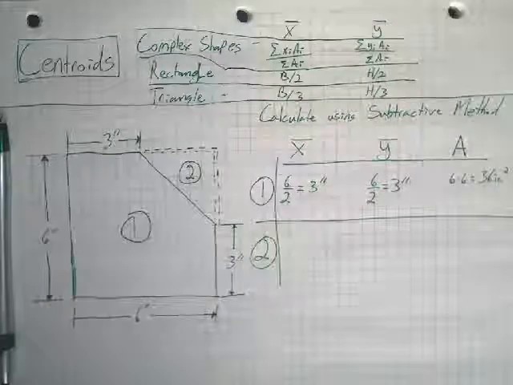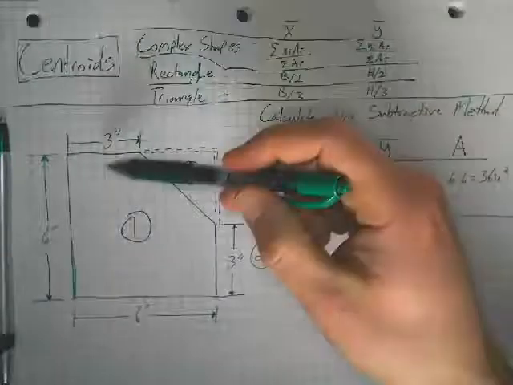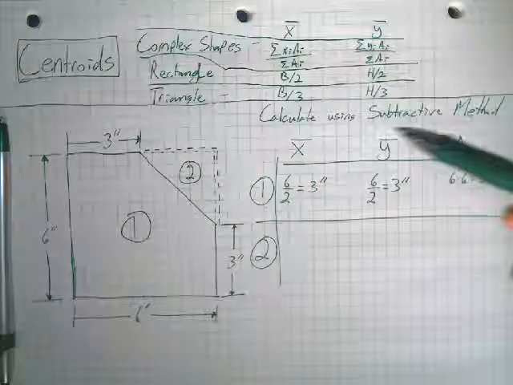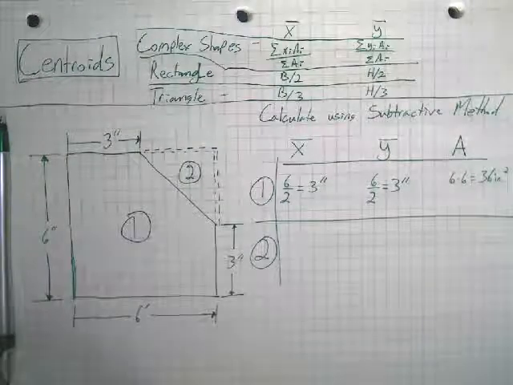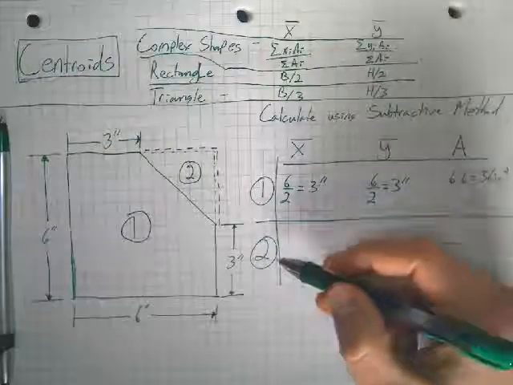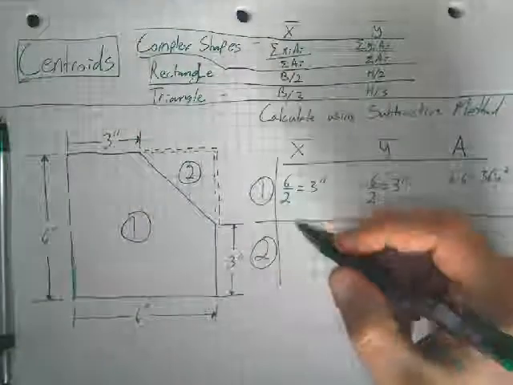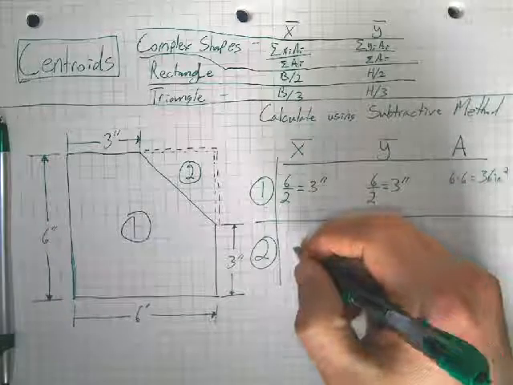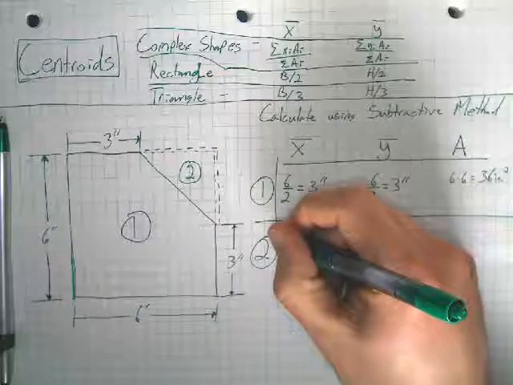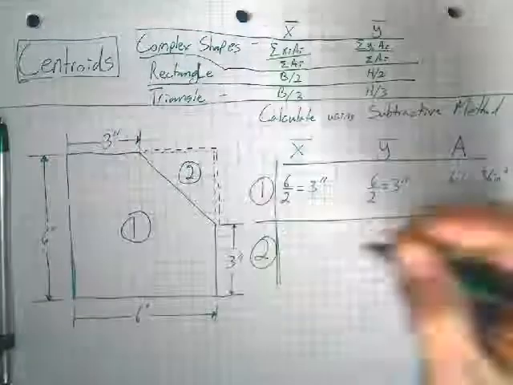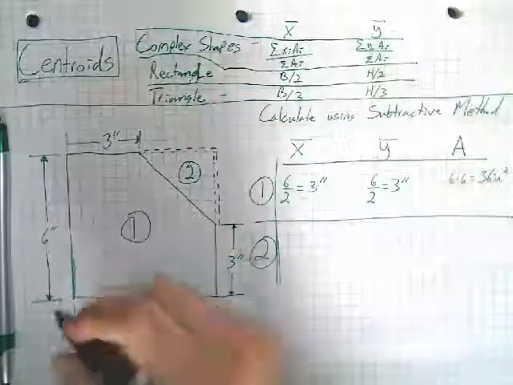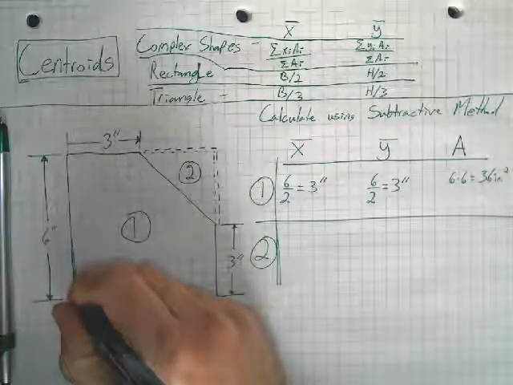Pretty straightforward, pretty easy. Remember, I just think of that as if I started with a solid square and took away that triangle. Now, if I go to shape 2, my triangle, I go through the same process. Because it's a triangle, I have my centroid, and we have to keep in mind that my centroid location is, again, from my absolute point.